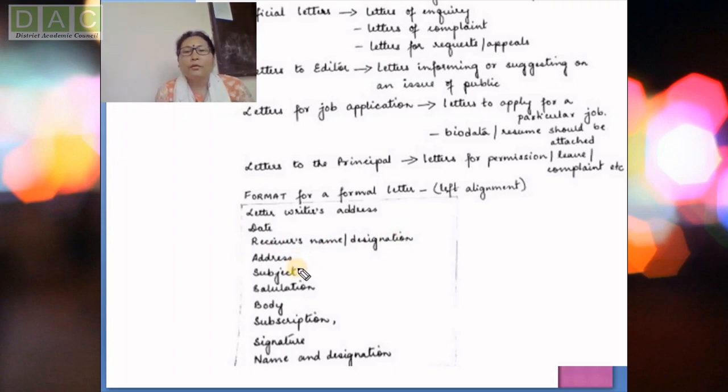After that, we'll follow with the address, then comes the subject on what we are writing, and the salutation to whom we are writing. Then the body of the letter, the main content. Then after that will be the subscription. Then will follow our signature and the name and the designation.